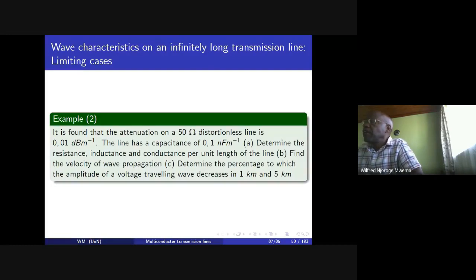We don't have a value for the inductance per unit length or the resistance per unit length. But we also know that alpha is going to be given by a half R prime divided by Z naught. And Z naught has been given to us as a real 50 ohms, because when we refer to a line as a 50 ohm line, all we are saying is that its characteristic impedance is 50 ohms.